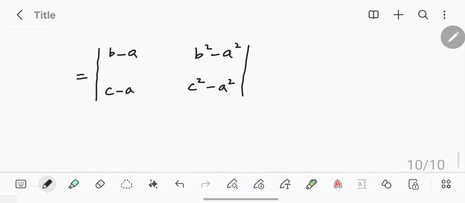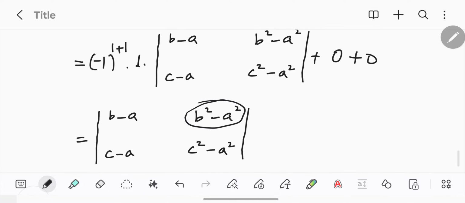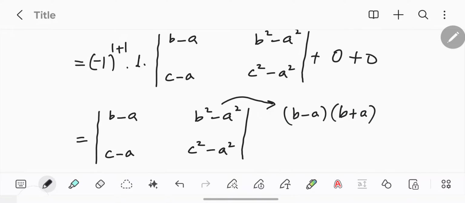Okay, now if I do some factorization, this is b minus a, this is c minus a. Since b square minus a square, the formula from algebra says, is b minus a into b plus a.